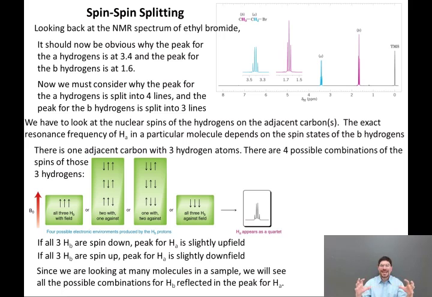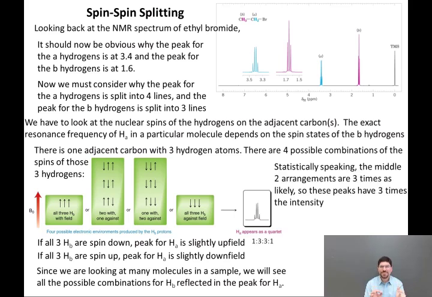But since we are looking at many molecules in a sample, we will see all of the possible combinations for HB reflected in the peak for HA. In other words, there will be some molecules where they're all up, some molecules where they're all down, some molecules where there's 2 up, 1 down, some molecules where there's 2 down and 1 up. Statistically speaking, the middle 2 arrangements, 2 up and 1 down or 2 down and 1 up, are 3 times as likely as either all 3 being up or all 3 being down.